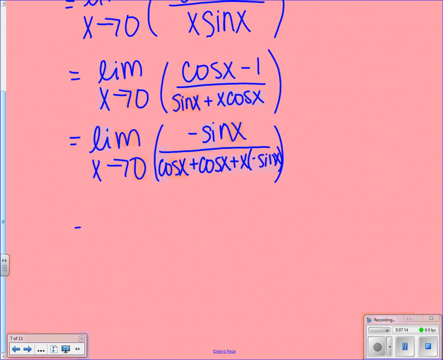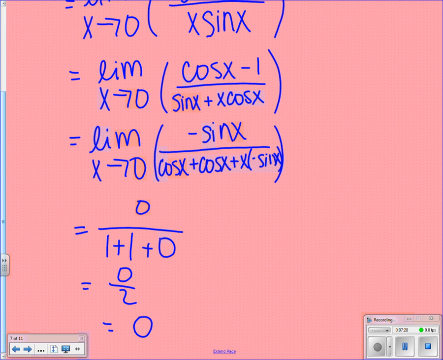And then in my denominator, I'm going to write it out. Cosine of 0 is 1, cosine of 0 is 1, and then 0 times sine of 0 is 0. So I have 0 over 2, which is not indeterminate, it is 0. And so that would be our answer there.